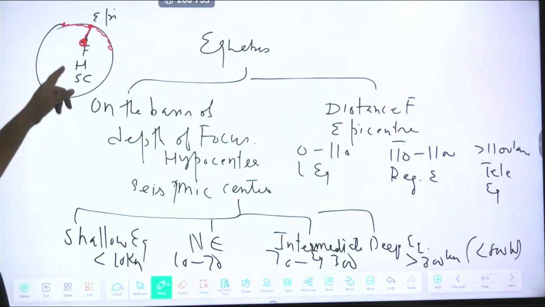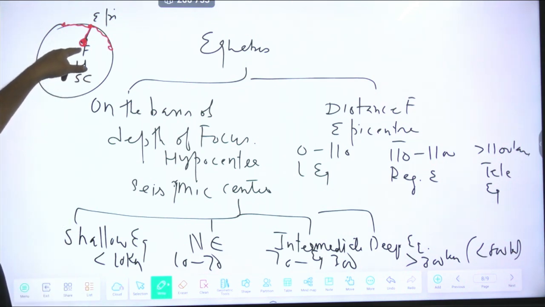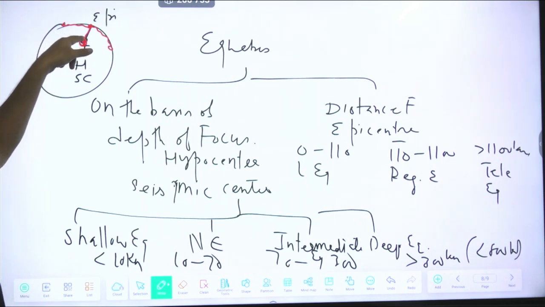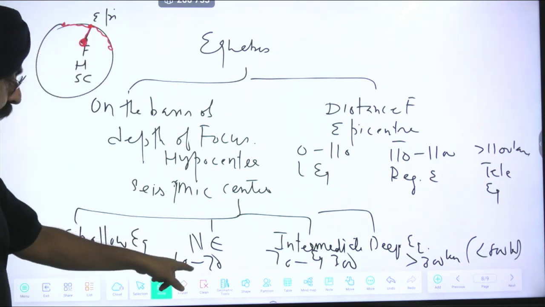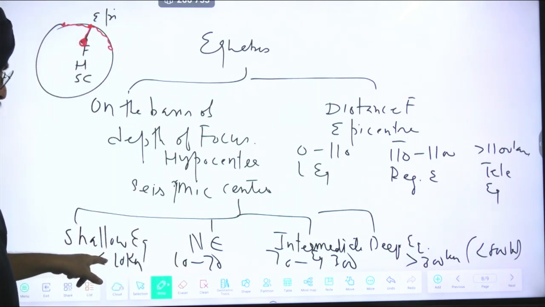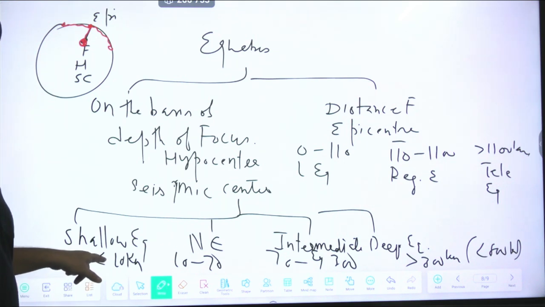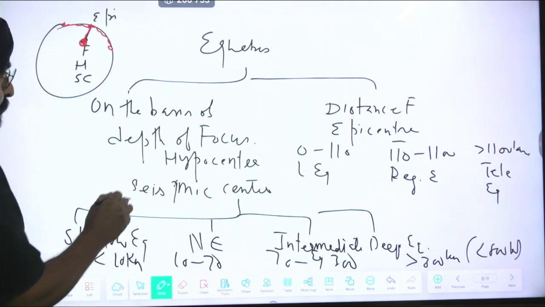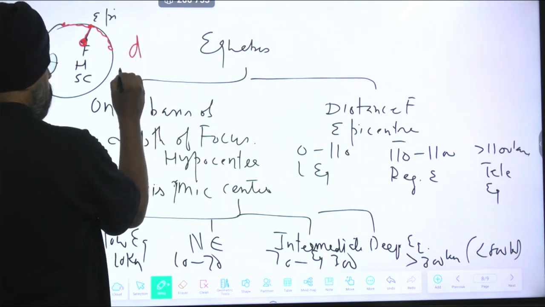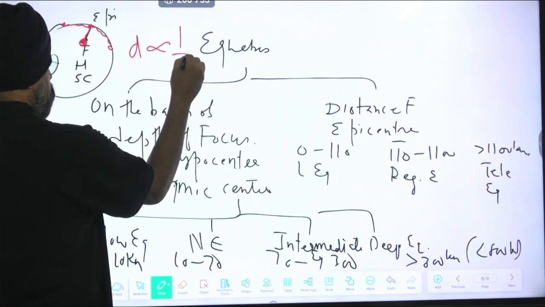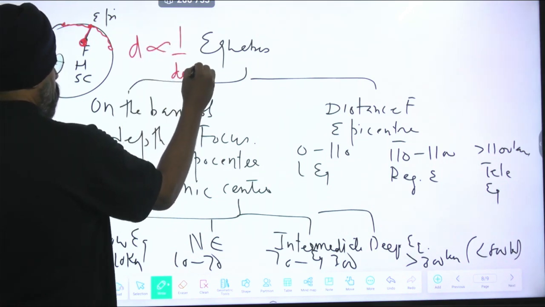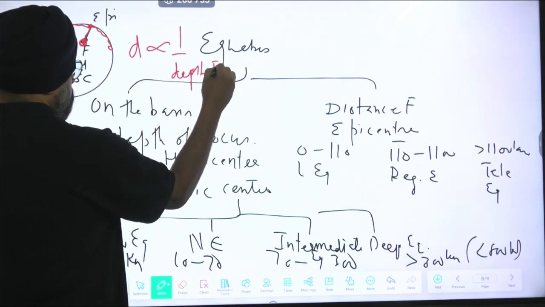Now see here, on the basis of this focus, hypocenter, seismic center, how deep it is there. Less than 10 kilometers means very shallow, very troublesome earthquake. Simple thing, children: destruction is inversely proportional to depth of focus.